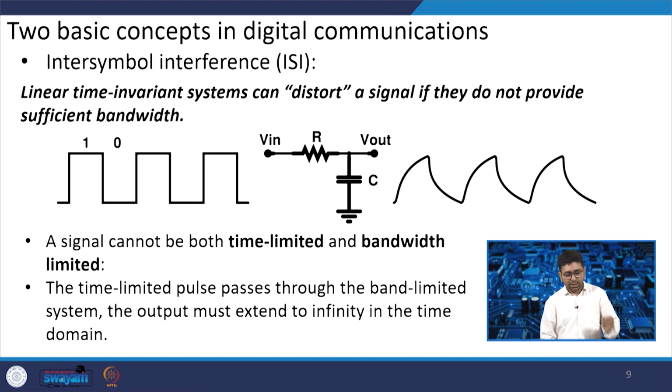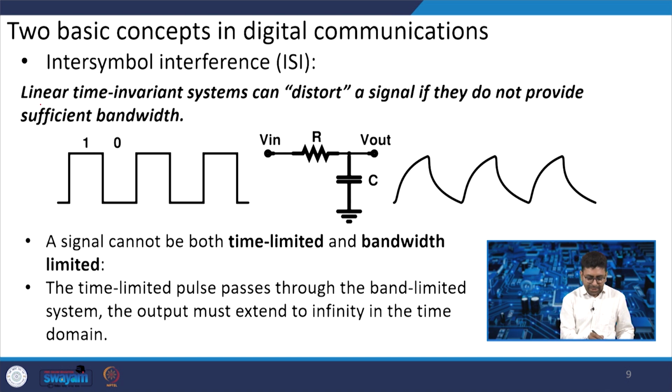So, now there is one important concept that I just want to add here in digital communication, that is inter-symbol interference. So, in communication systems, we try to consider the linear time invariant system.